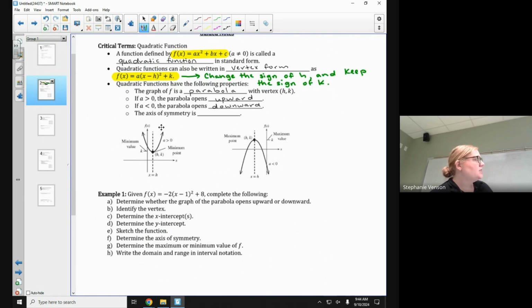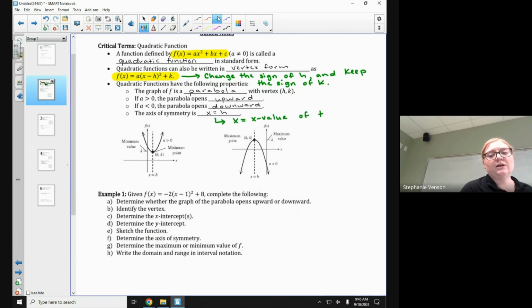Or you could think of it as if you folded the paper over that line, the parabola would match up on both sides. The axis of symmetry is very easy to find because it's always just x equals h, which an easier way to remember is that it's just x equals the x value of the vertex.